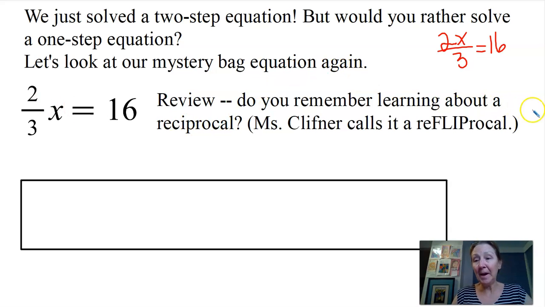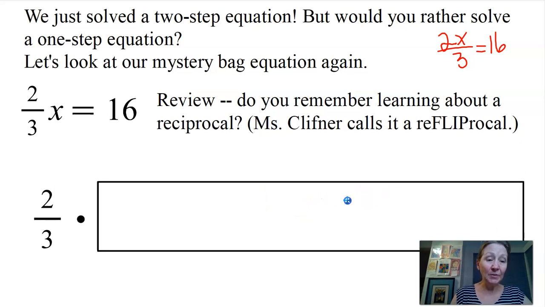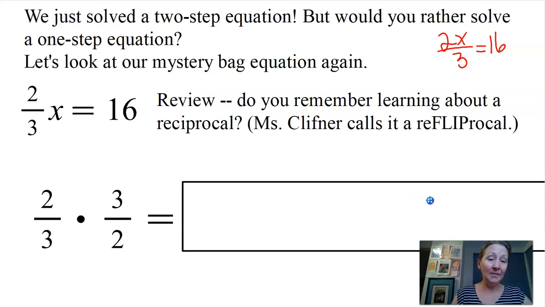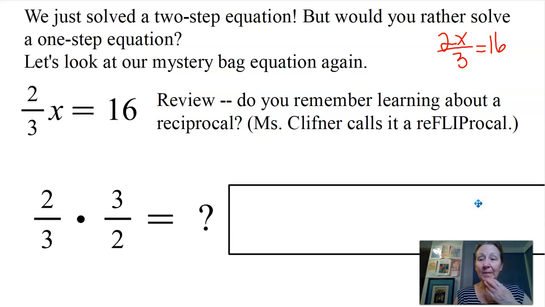And a really cool thing happens when you multiply a refliprical times the number that you started with. So if I take 2/3 and I multiply by 3/2, what does it equal? Well, if I multiply across, I would get 6 over 6. Wait a minute, that just equals a giant 1.